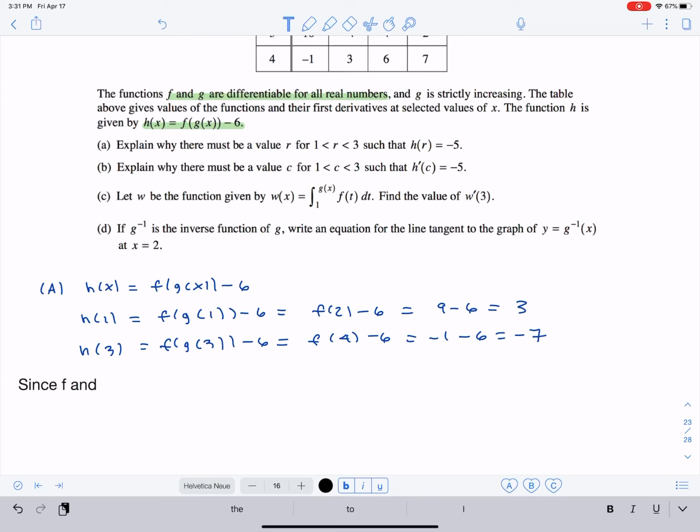So basically what I'm going to say is since f and g are differentiable, they are continuous.